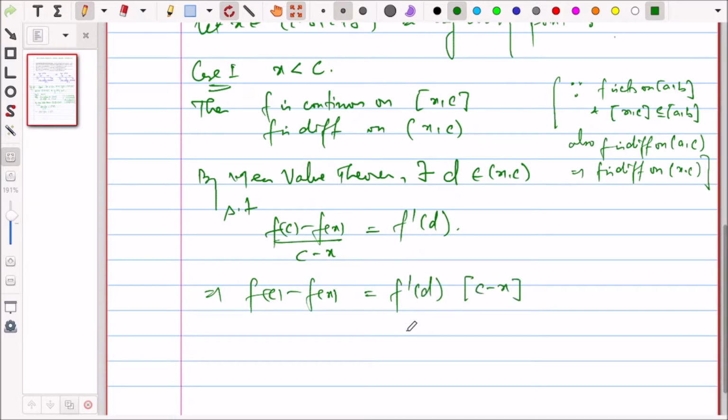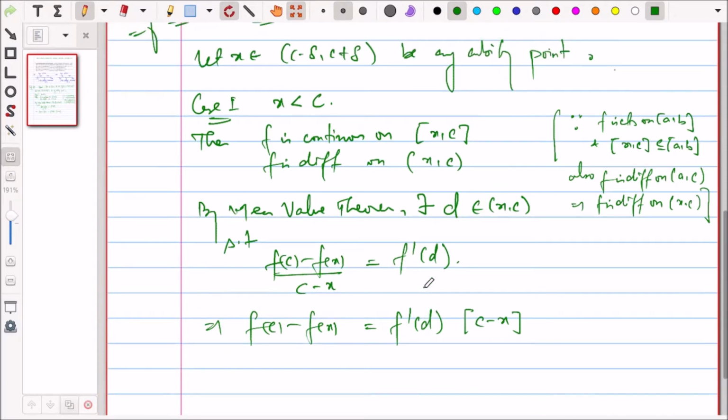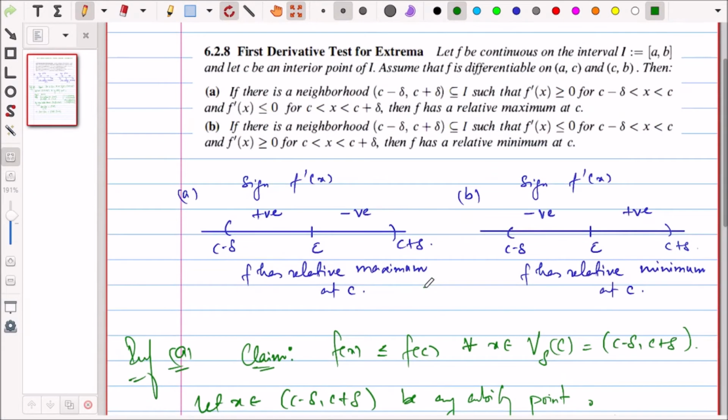Now what is the sign of this? What is the sign of c minus x? Positive, because c is greater than x, right? And what is the sign of f dash d? It is given to us. d कहाँ पे लाई कर रहा है यहाँ पे?